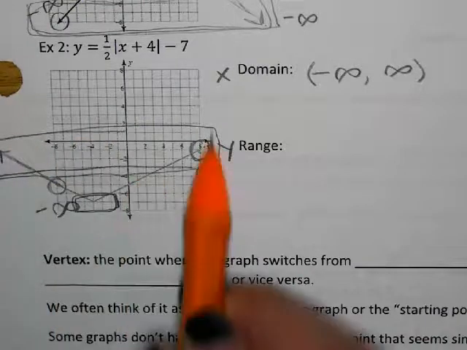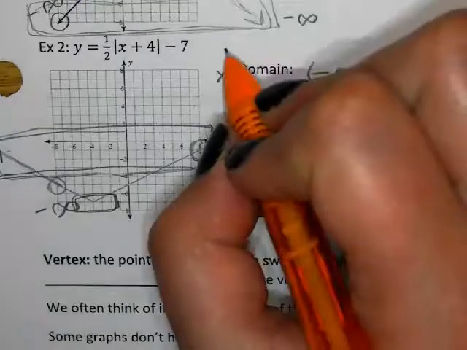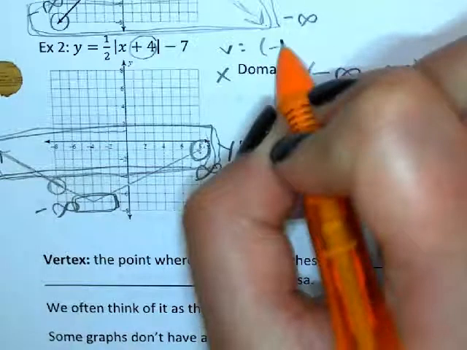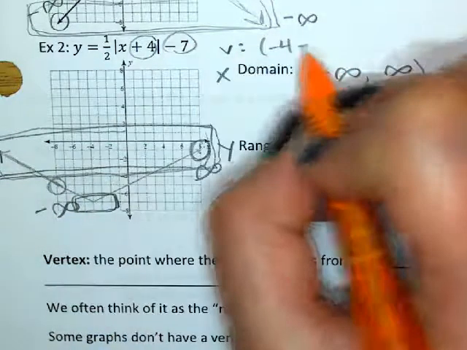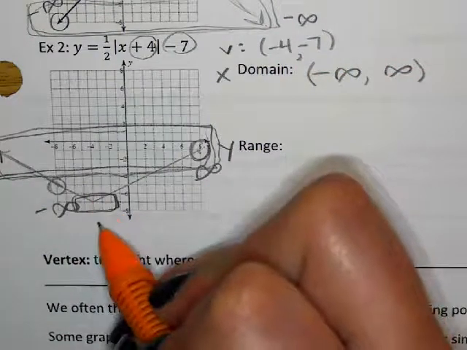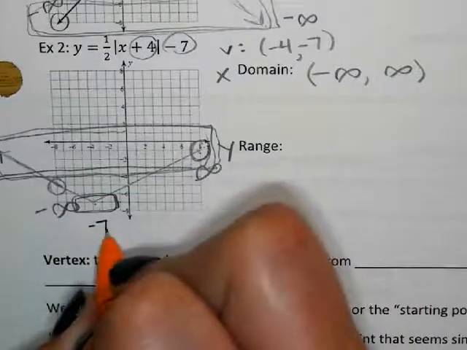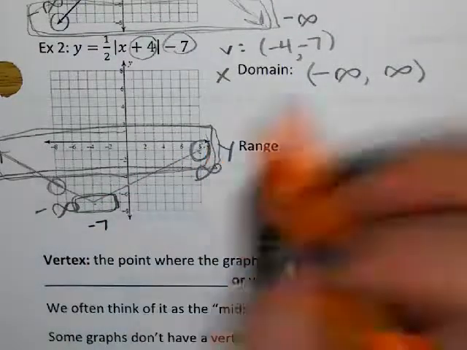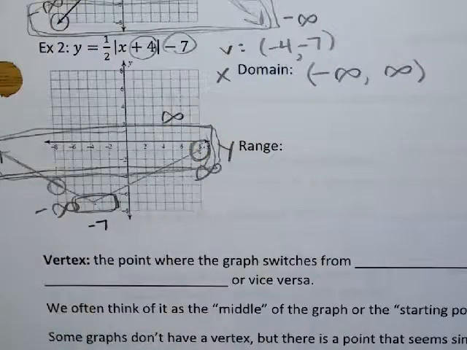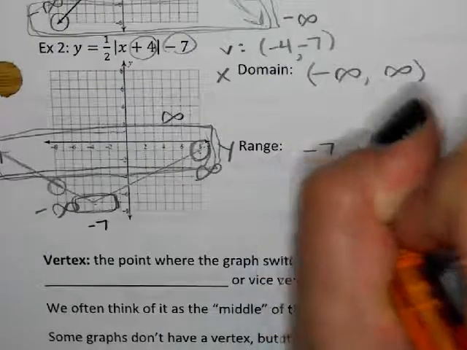I can see the bottom of the graph is the vertex, and the vertex was (-4, -7). And so this part right here, the bottom of the graph, was -7, it goes down 7. And then the top of the graph is the arrows going up. So the top of the graph is +infinity. So for the range, we're going to say bottom to top. So -7 to infinity.